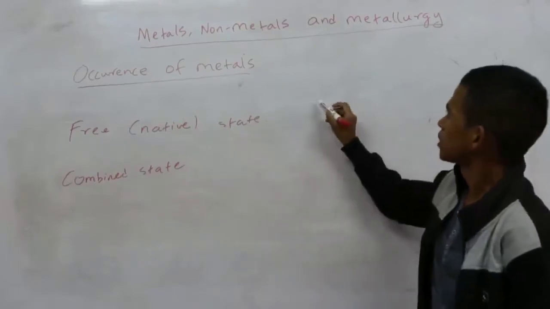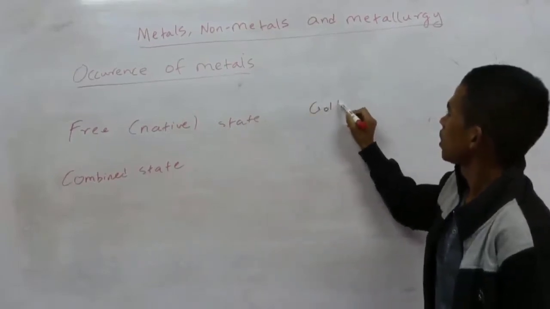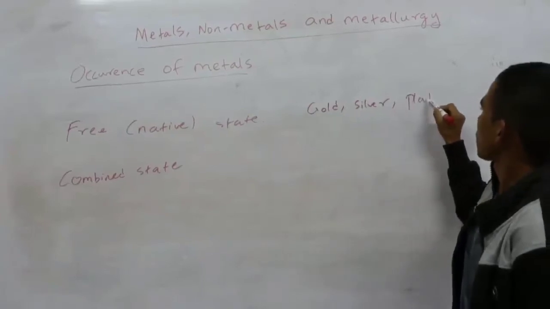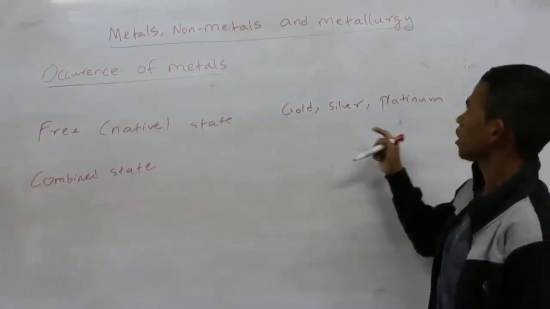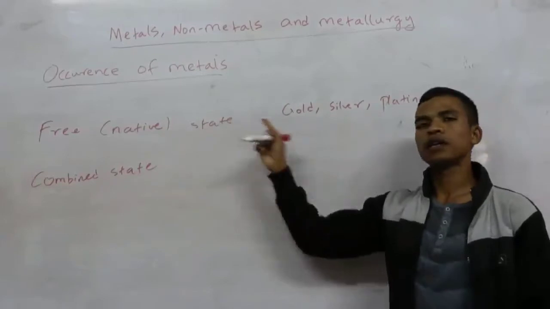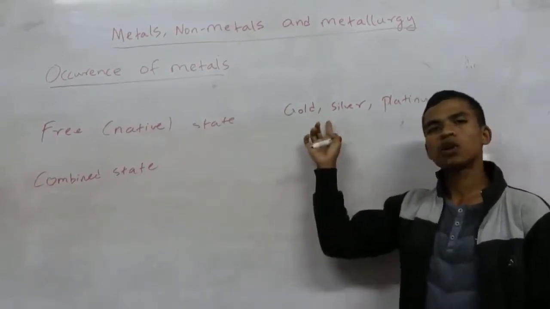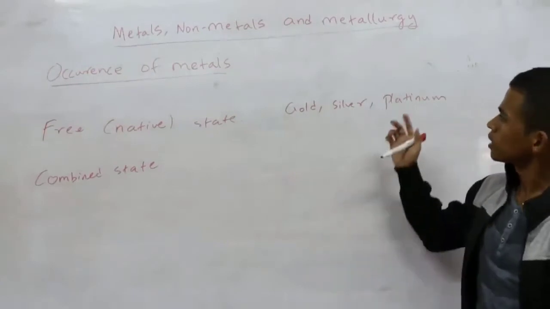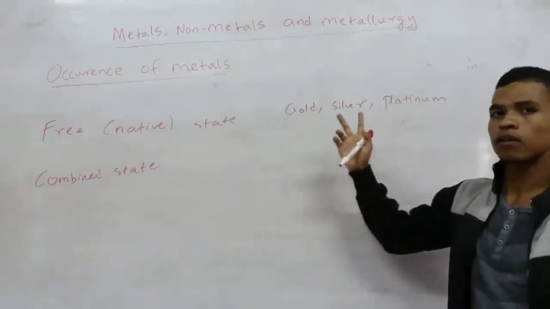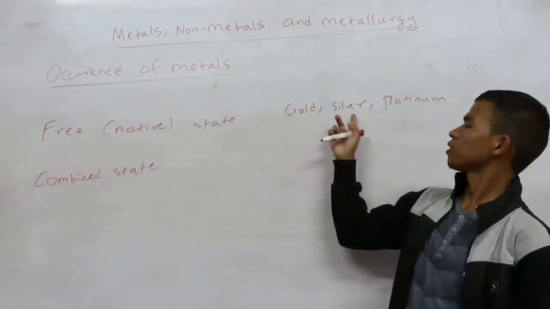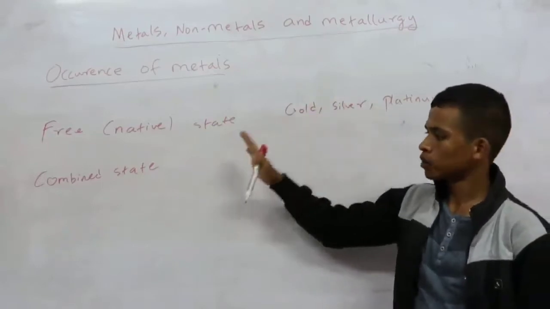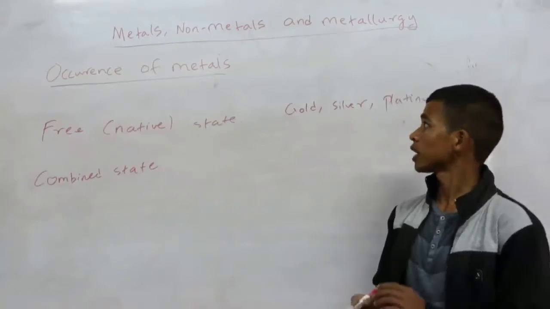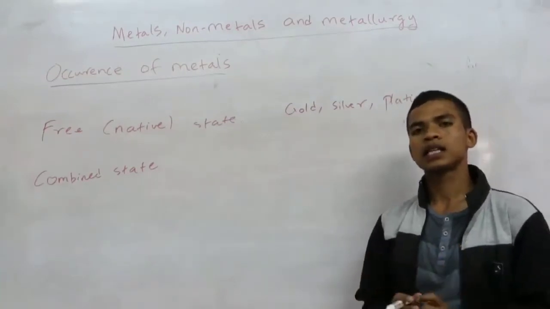Some metals such as gold, silver and platinum occur in the free state, that is they do not combine with other elements. And why do they occur in the free state? Gold, silver and platinum are positioned very low in the metal activity series, so they are very less reactive.